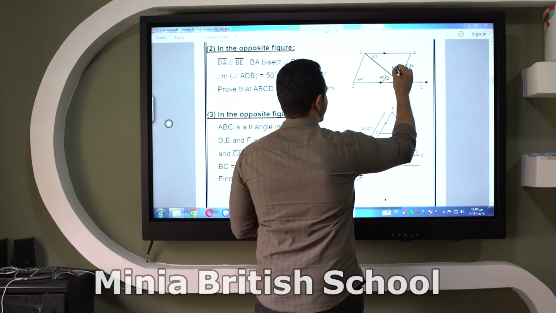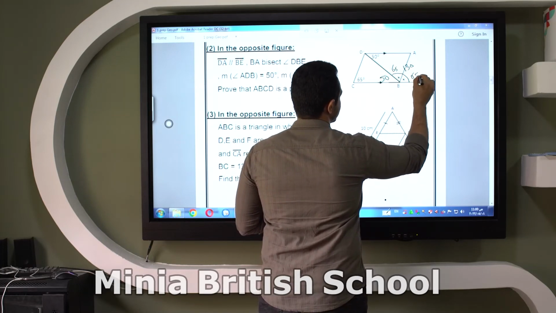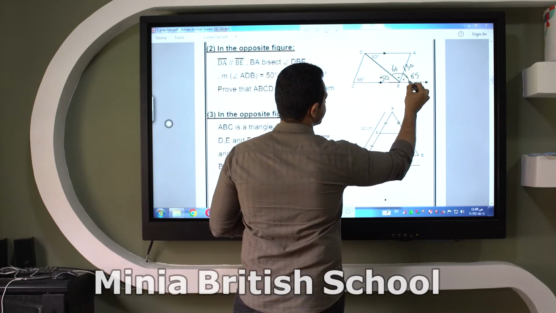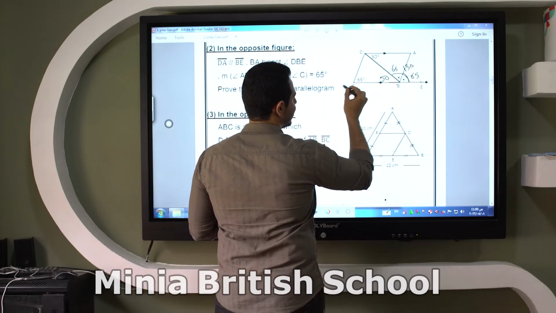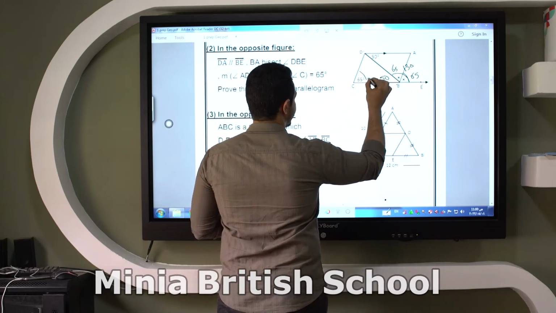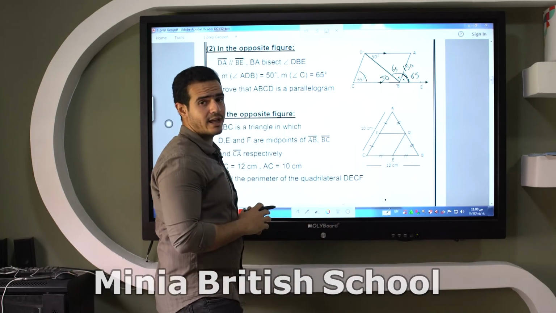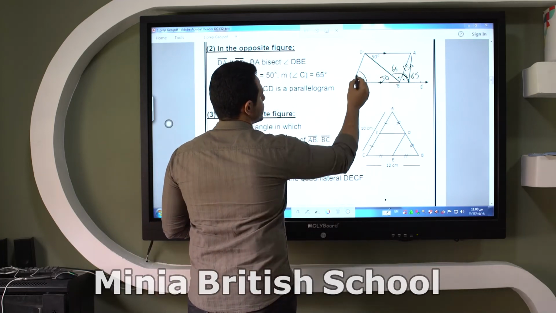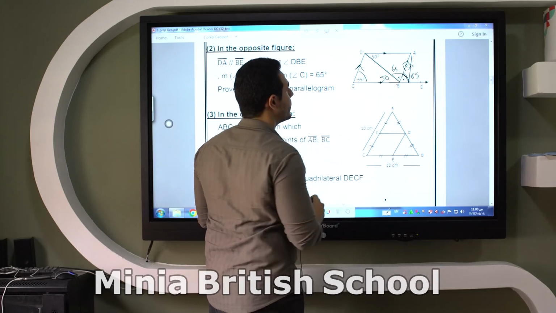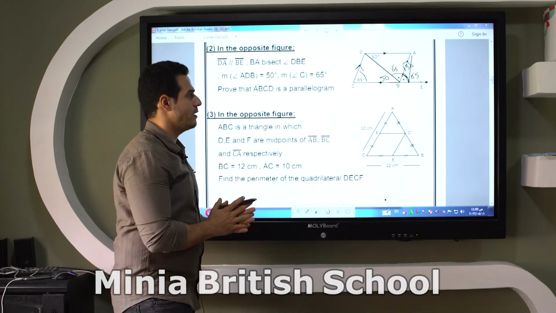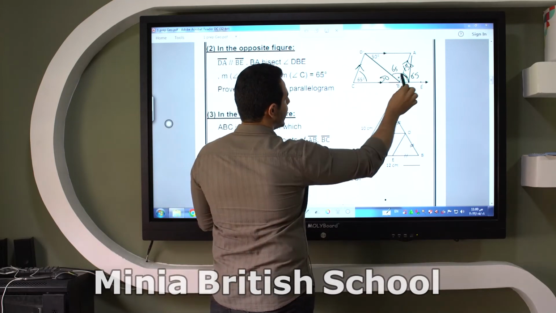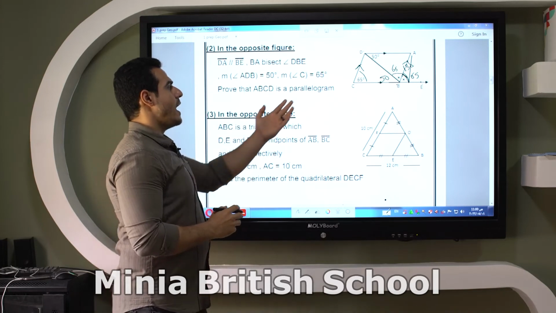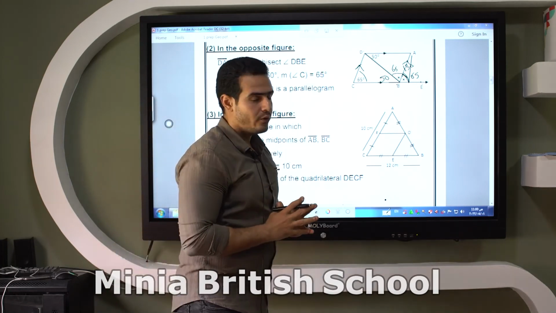So this is 65 and this is 65 also. Now angle EBA equals angle C, and they are in the position of corresponding angles. So AB is parallel to DC. Now we have two pairs of parallel lines, AD parallel to BC and AB parallel to DC. So I can say that ABCD is a parallelogram.